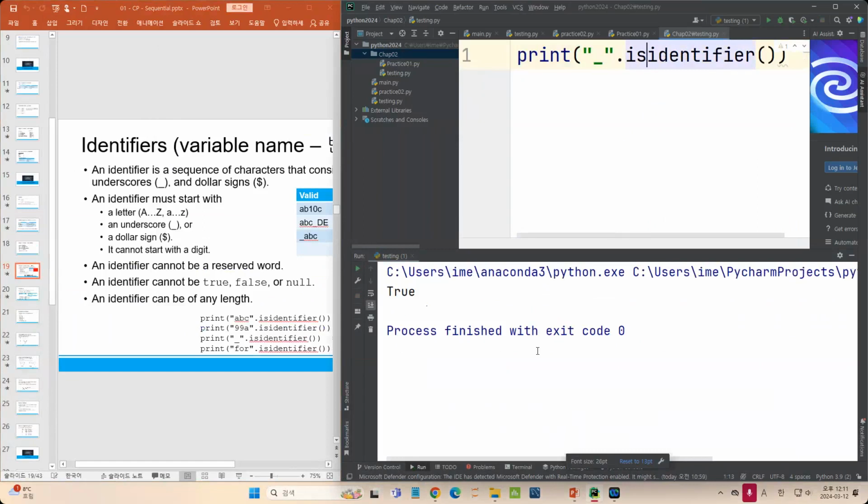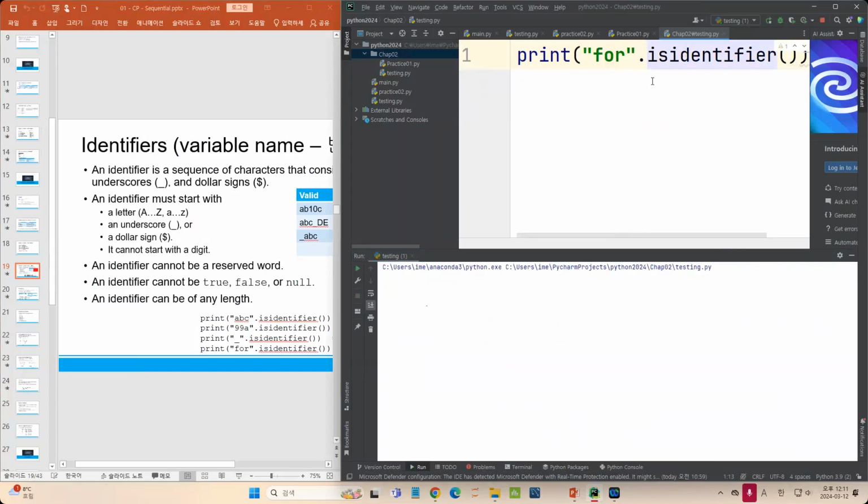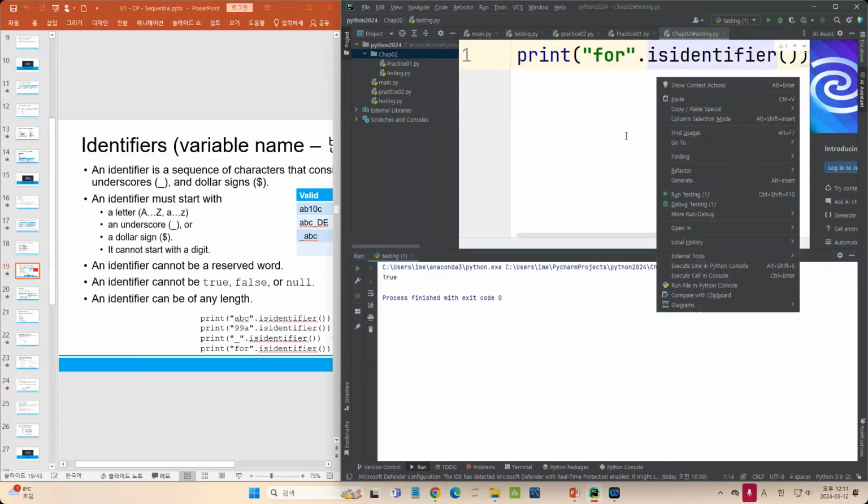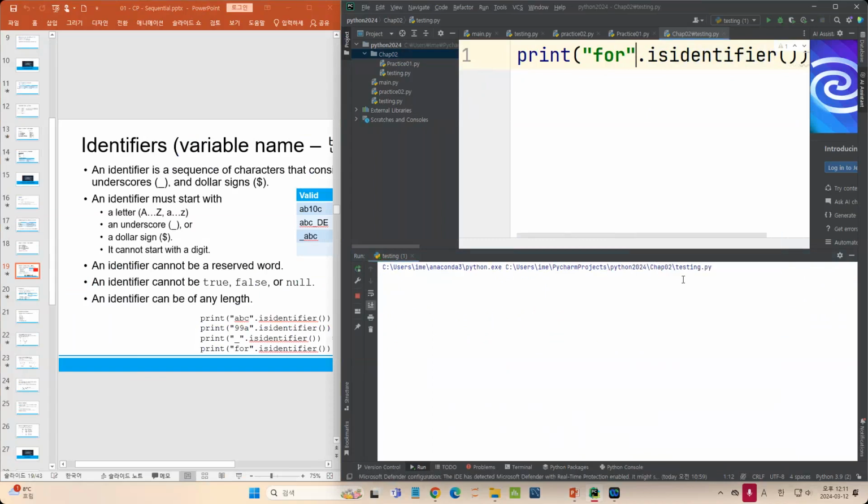Only underbar is okay. Okay. For is true.